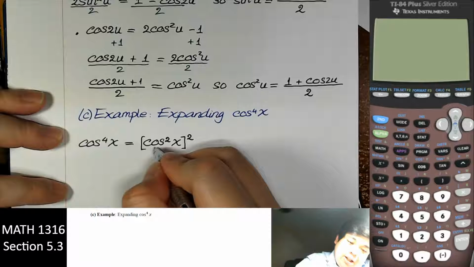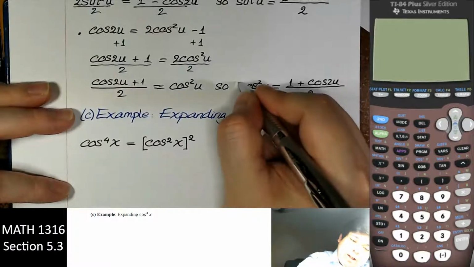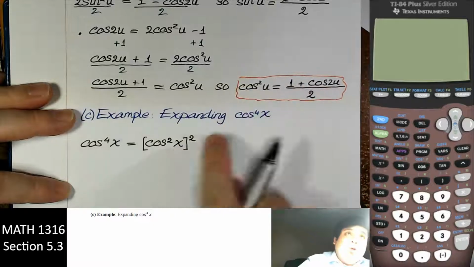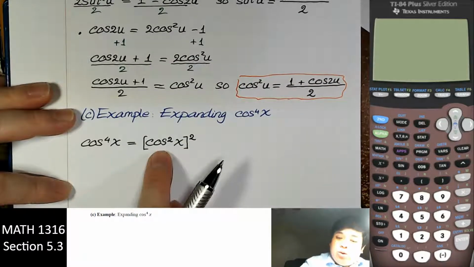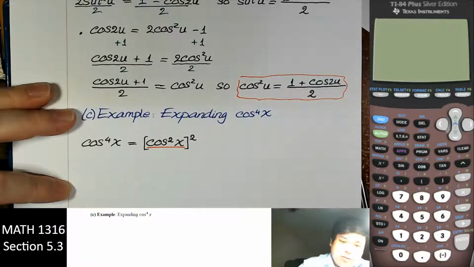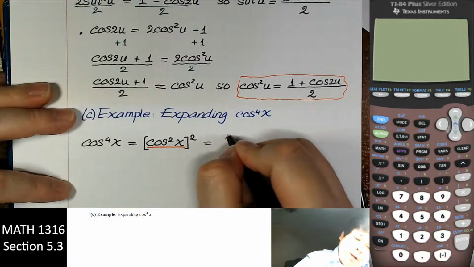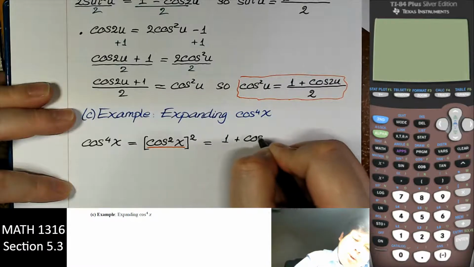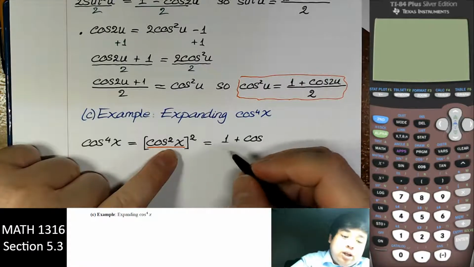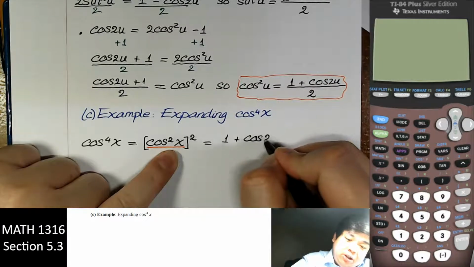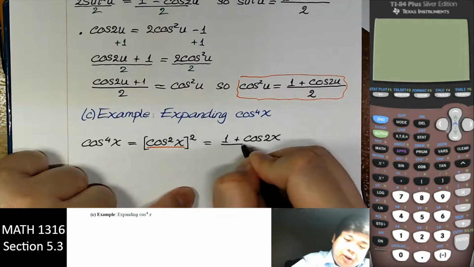Now, the cosine square, we're going to use that for cosine square, which is 1 plus cosine. For the power reducing, the power will reduce, but the angle is going to be double. So that's going to be 2x over 2.